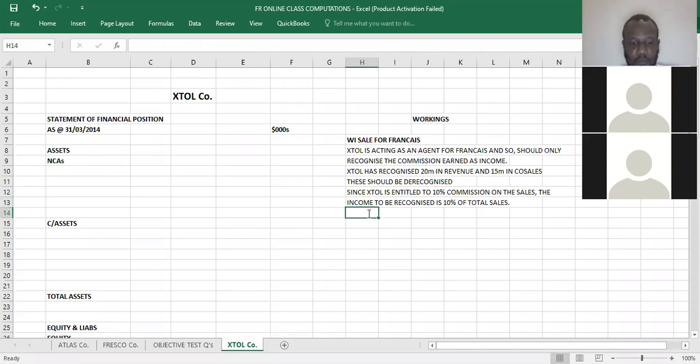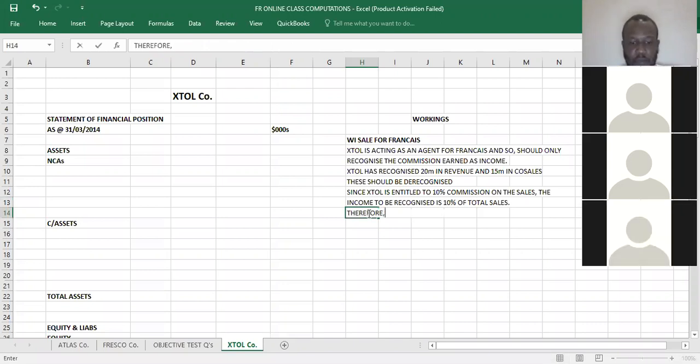Therefore, XTOL should ultimately remit, how much is that? The total amount is 20 million, less the commission, to Francis.